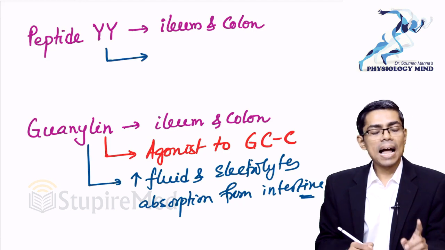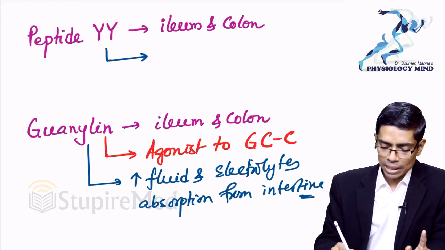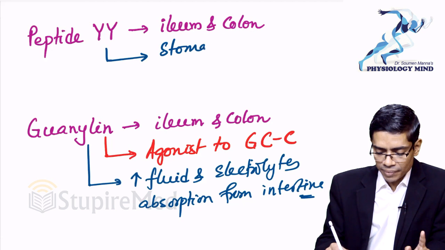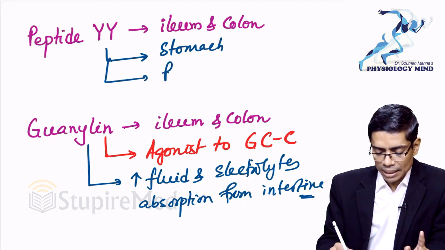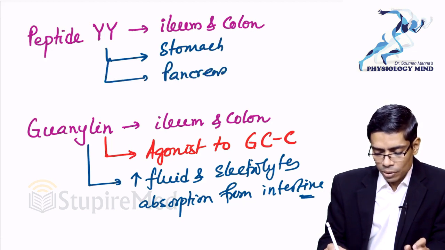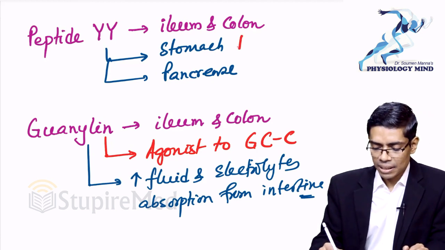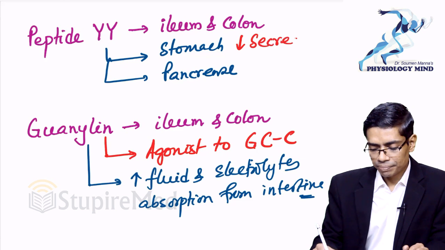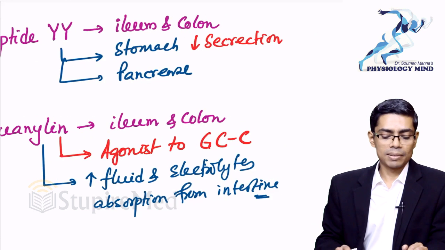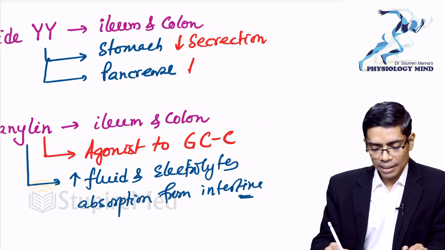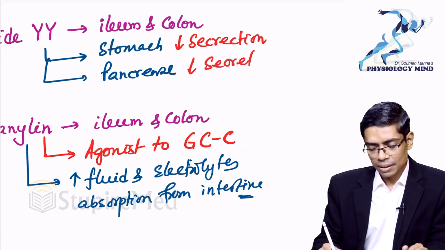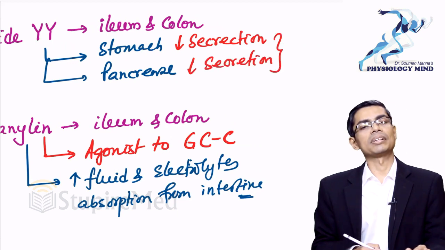Peptide YY acts at two places mainly. One is stomach and second is pancreas. Effect on two regions. In stomach, it decreases acid secretion, and in pancreas again it decreases secretion. That way you try to remember, it will be good.